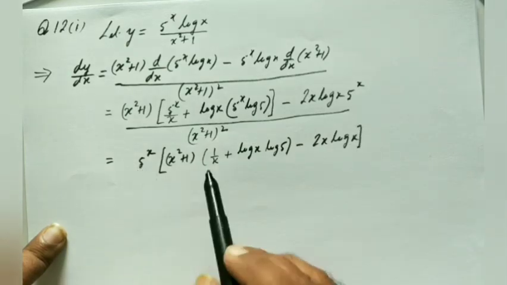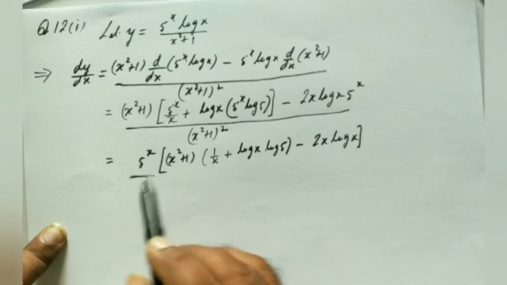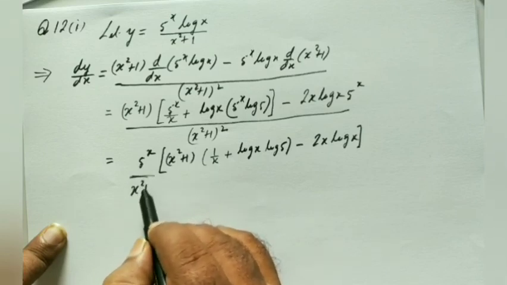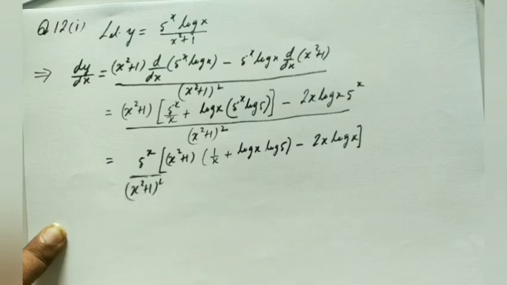Similarly, 5 to the power x is common. This one I will write down here, x square plus 1 whole square.